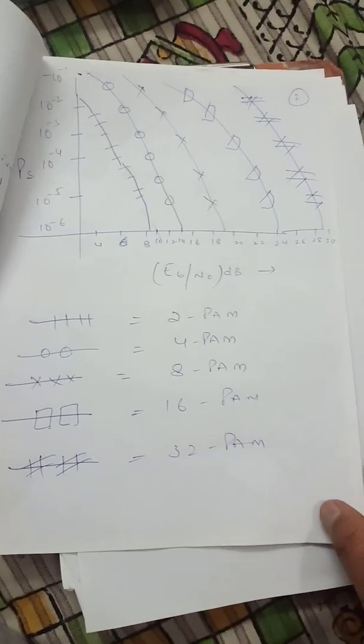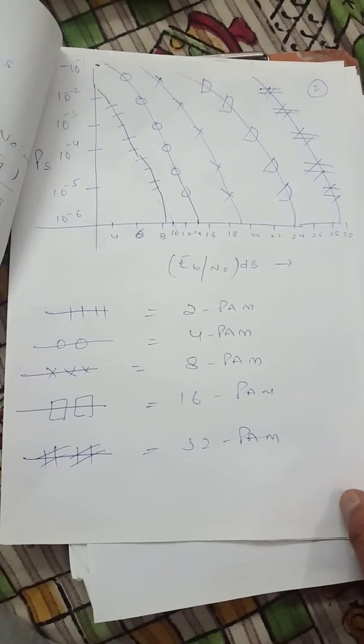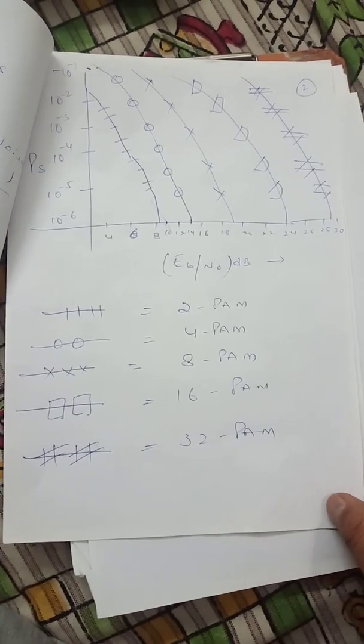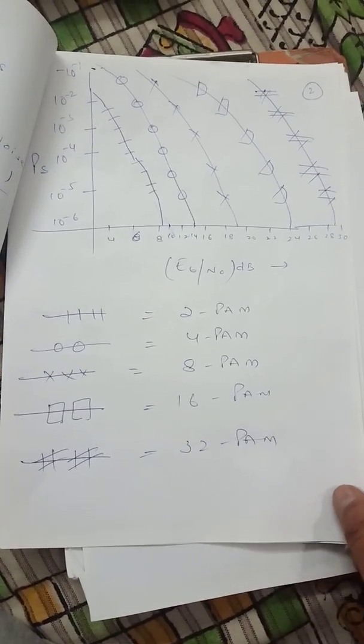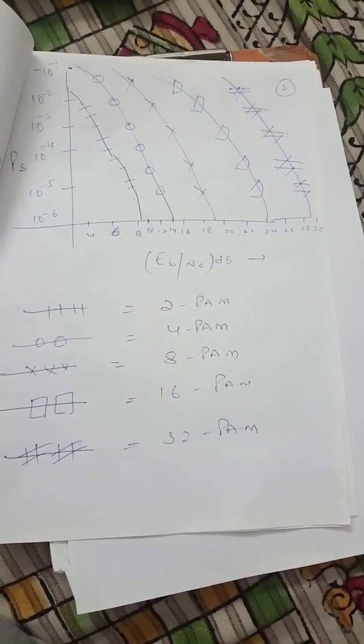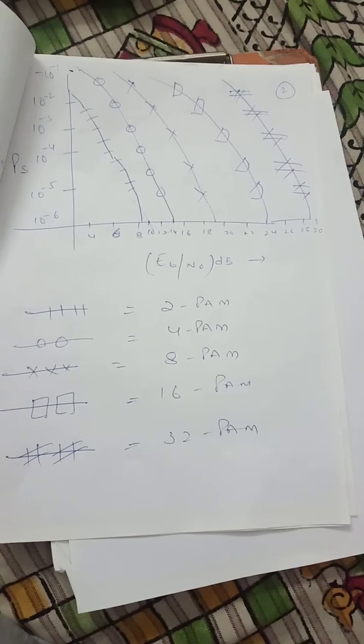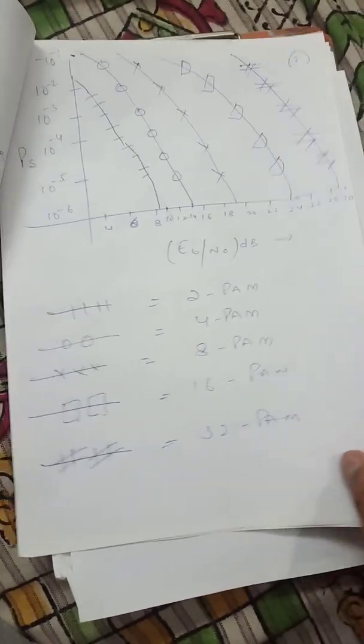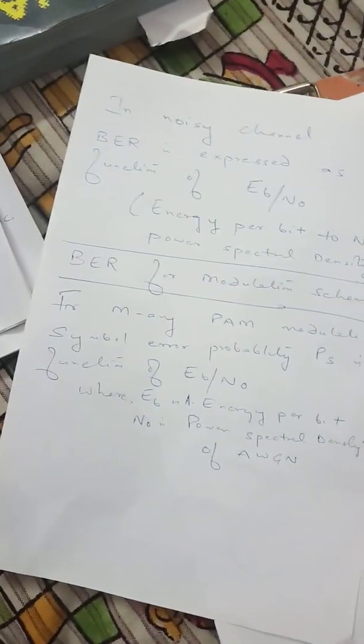The graph varies as we increase the value from 2 to 4, 4 to 8, 8 to 16 and 16 to 32. So there is a variation between symbol error probability, that is Ps, and Eb/N0, which is measured in decibels. So this is about the PAM system.